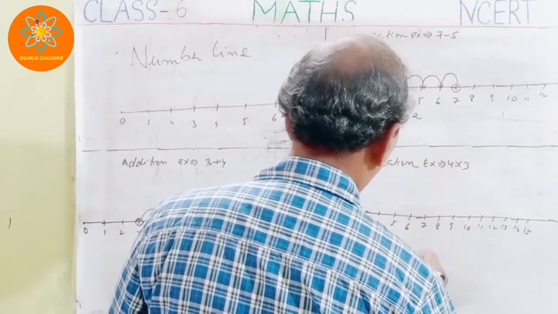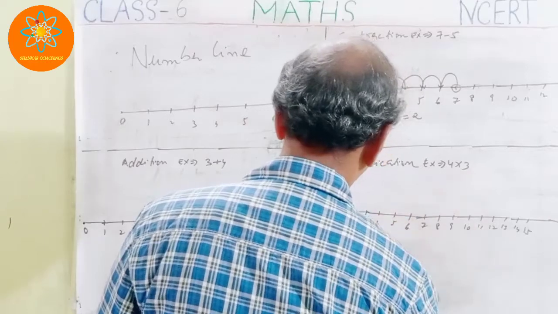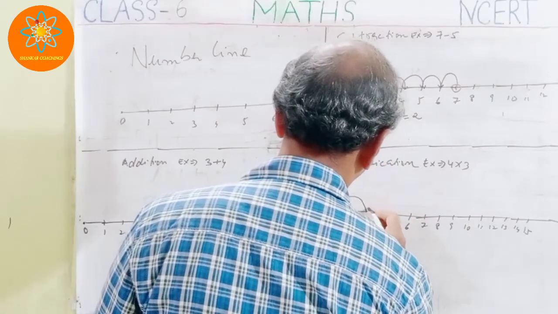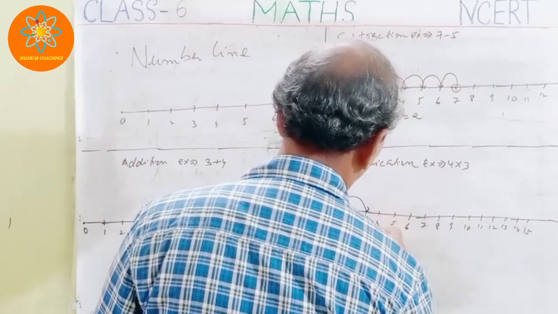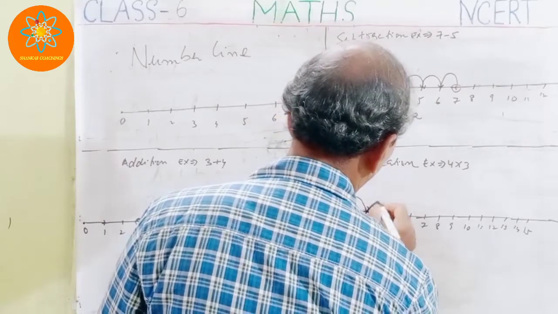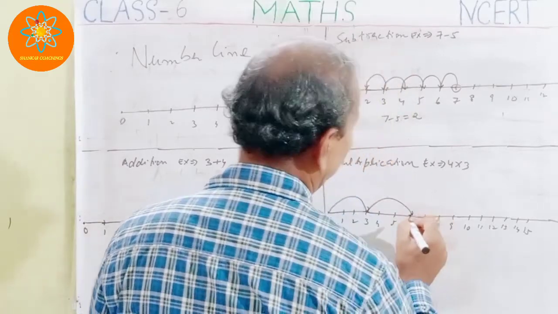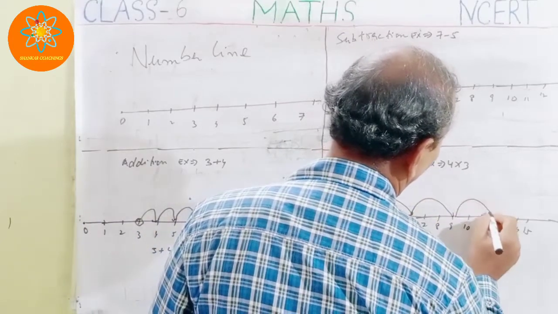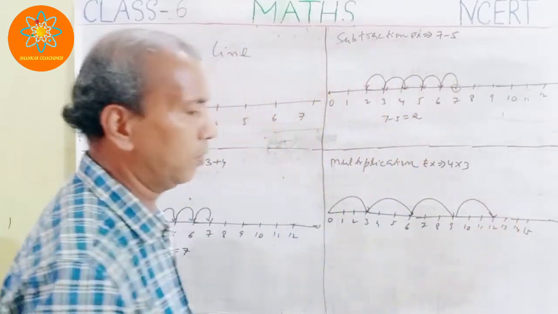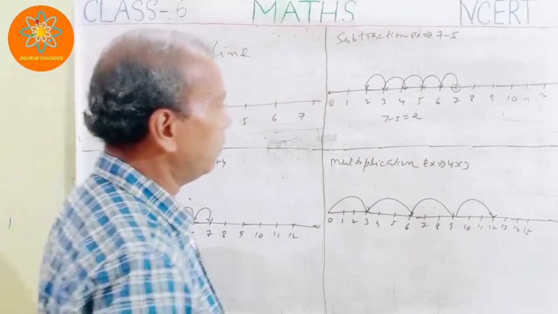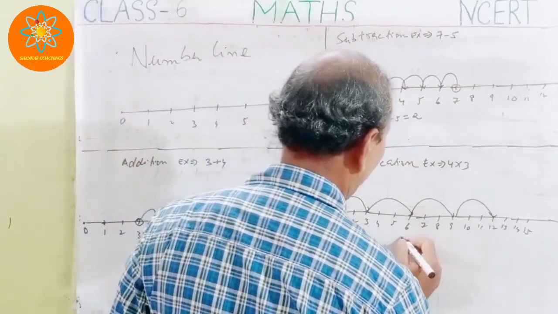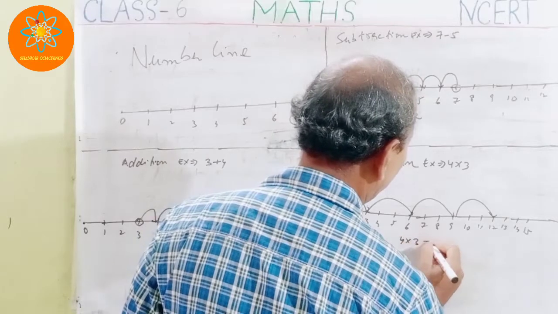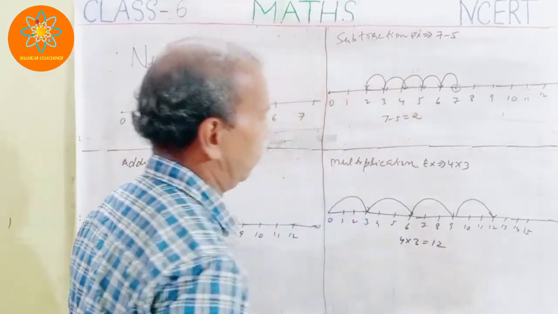So 4 into 3: this is 1, then 2, then 3, and lastly 4. So we are coming to 12. That means for the multiplication, 4 into 3 is equal to 12.